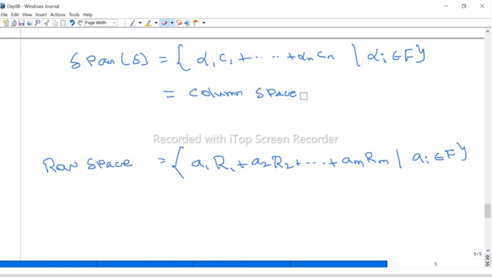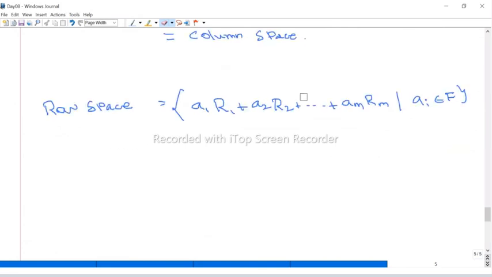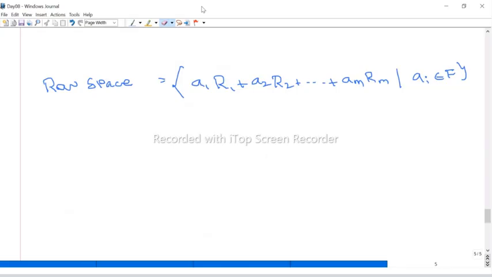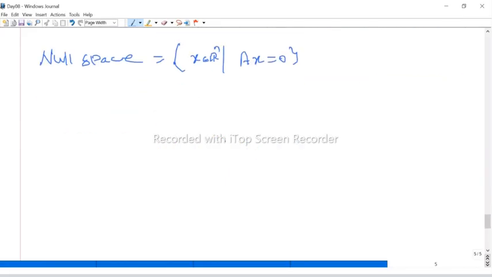So there are two subspaces. Now given a single matrix A, what is the one more subspace? Null space. So what is the null space? The null space is nothing but you are collecting the elements satisfying the condition Ax equal to 0, so these should be in Rn. Therefore given a matrix, we can talk about three subspaces.